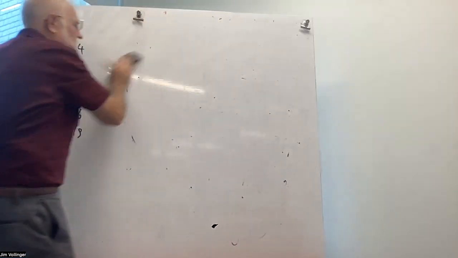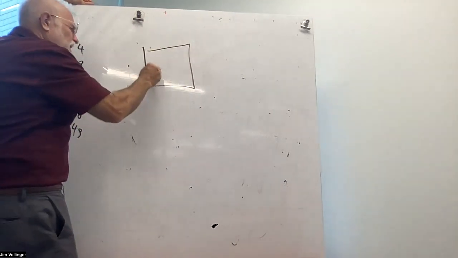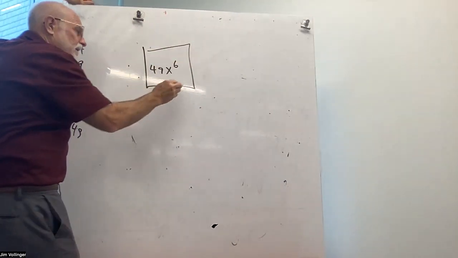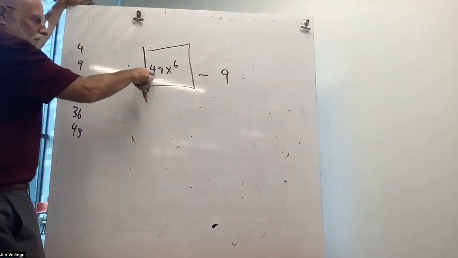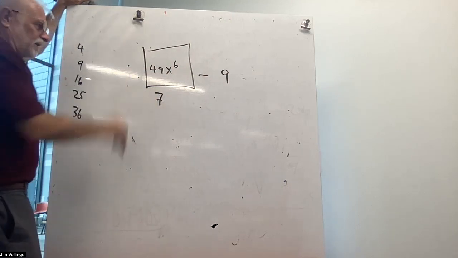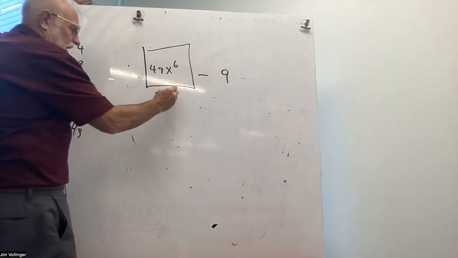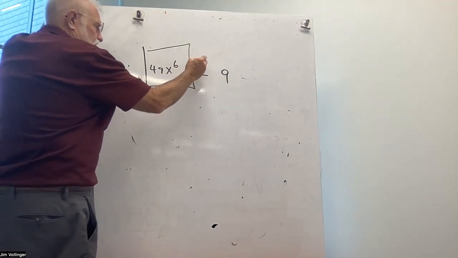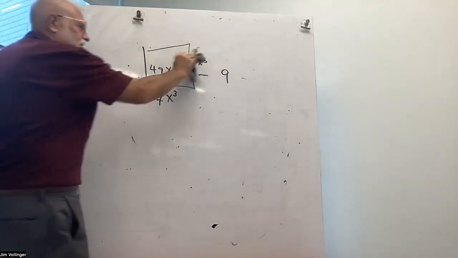So I might as well do one more. And this will be a harder one than you probably see on a test for a while. But I could easily do 49x to the 6th minus 9. Well, all you need to know is 7 times 7 gets you 49. What times what gets you x to the 6th? X to the 3rd, x to the 3rd. So 7x to the 3rd times 7x to the 3rd gets you that.